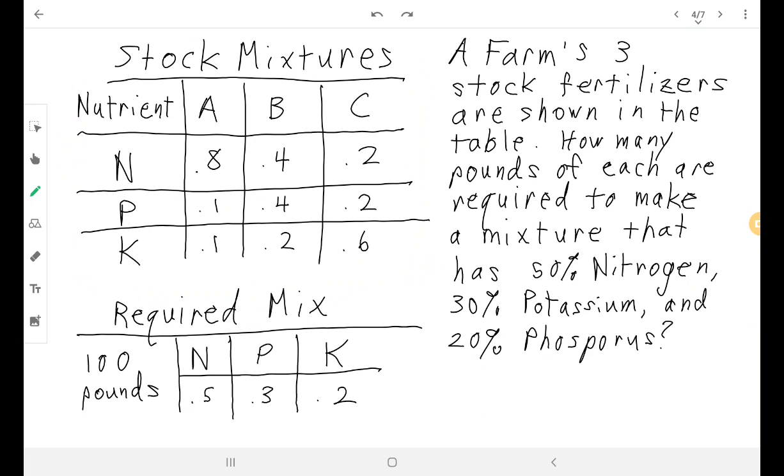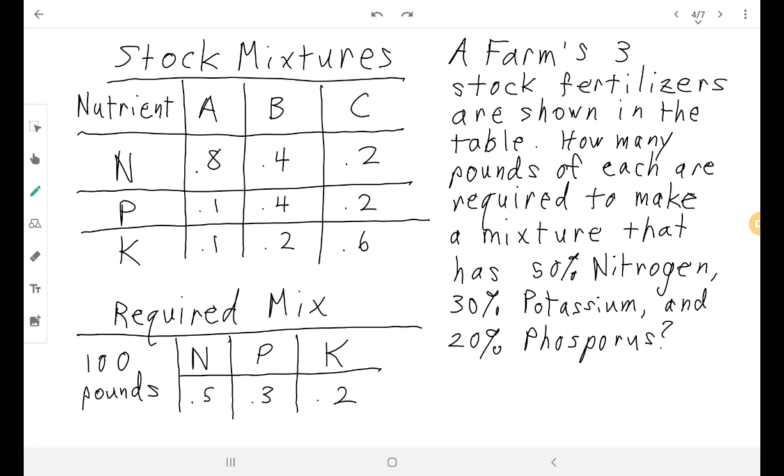So we've got our nutrients right here and our different mixtures there, there, and there, to make a mixture that has 50% nitrogen, 30% potassium, and 20% phosphorus. And we want to make 100 pounds of that, as you can see here.